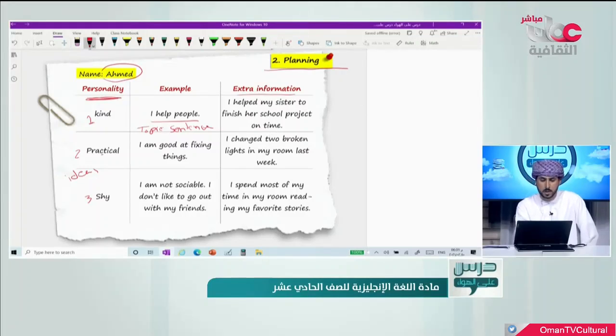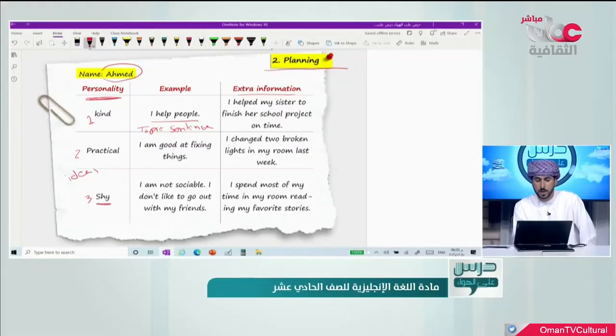Okay. The second attribute, he's practical. I'm good at fixing things. And the extra information we'll add to this topic sentence is, I changed 2 broken lights in my room last week. And the third one, shy.